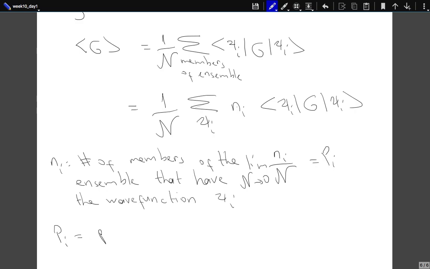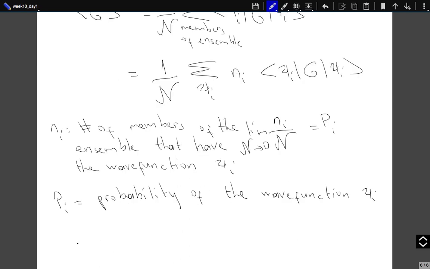Pi being the probability of the wave function psi I. So this average of G just becomes a sum over all states of the probability of that state, this is not the quantum mechanical probability, by the way, it's just ordinary probability, multiplied by the quantum mechanical averaging.